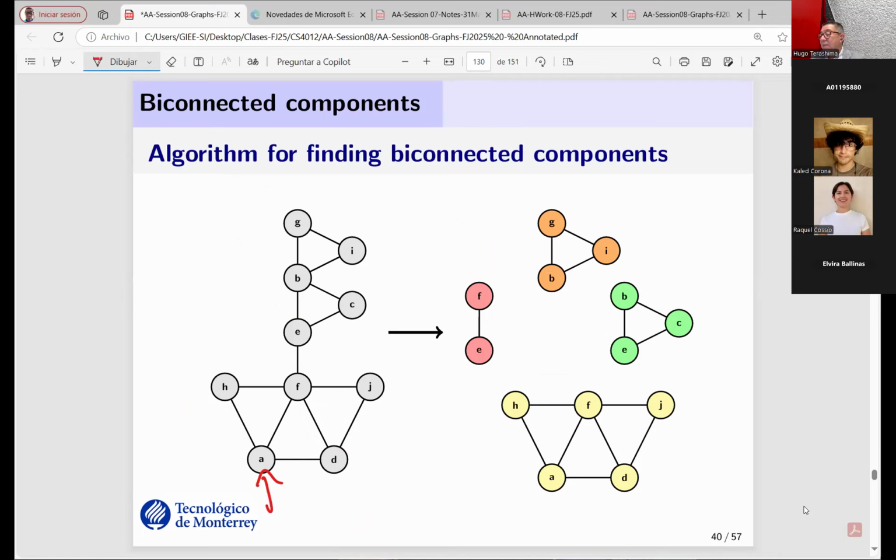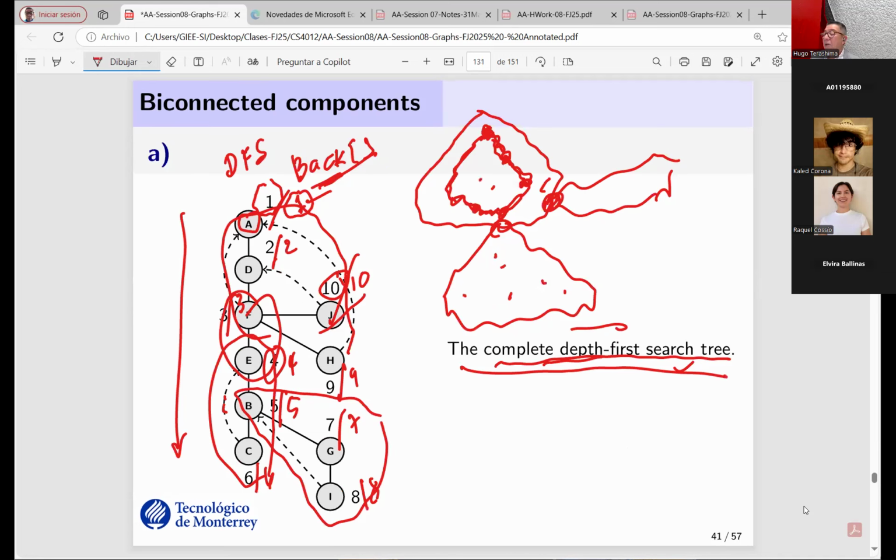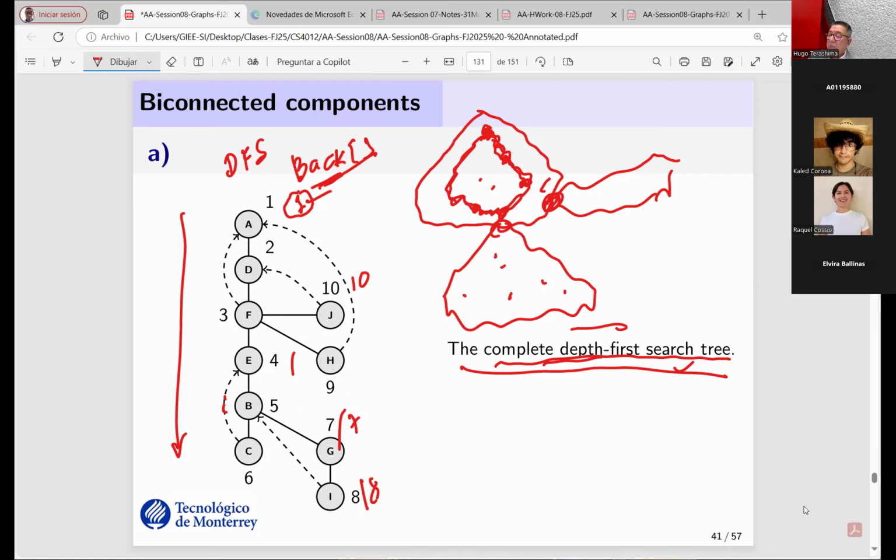Could you do that? Yes or no? DFS starting from here is what I told you here, is this, right? Is this. Okay?